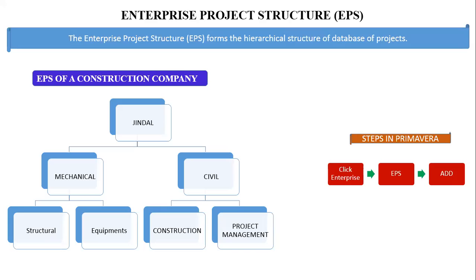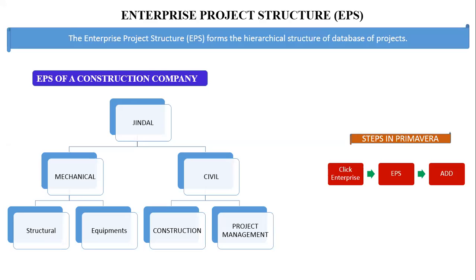Consider we have around six domains. Got it? In the same manner, we have divided the Jindal company into two sub-branches, mechanical and civil. Under mechanical, we have structural and equipments. Under civil, we have construction and project management. This is a simple hierarchy.